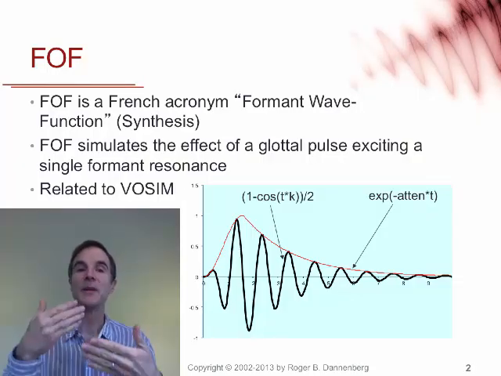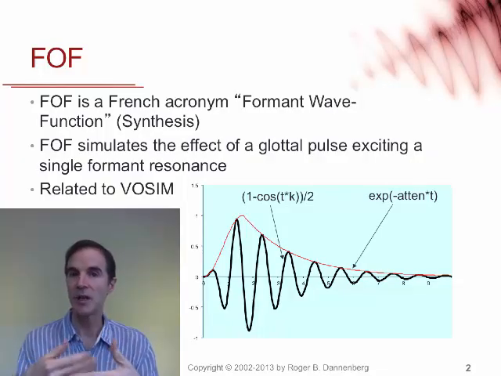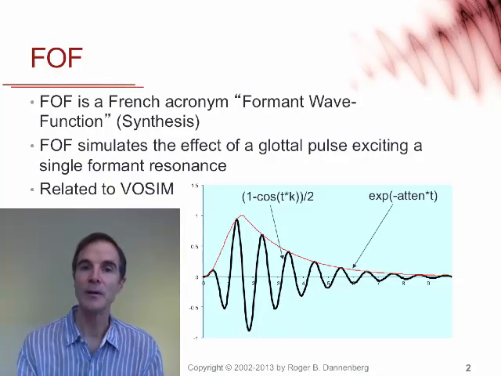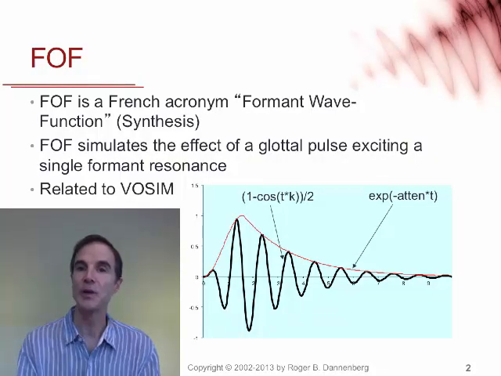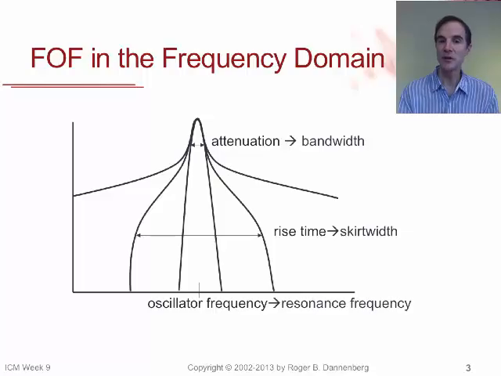Unlike VOSIM, the FOF pulses can actually overlap one another, which is a more accurate superposition of what happens when you put pulses into a resonance. In the frequency domain, the FOF pulses look like this. There are actually a variety of curves.